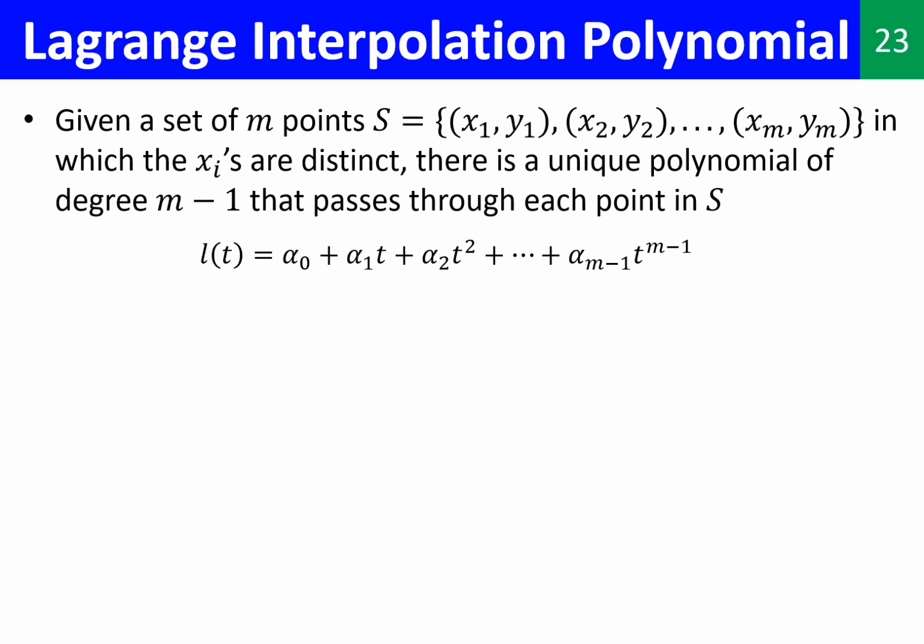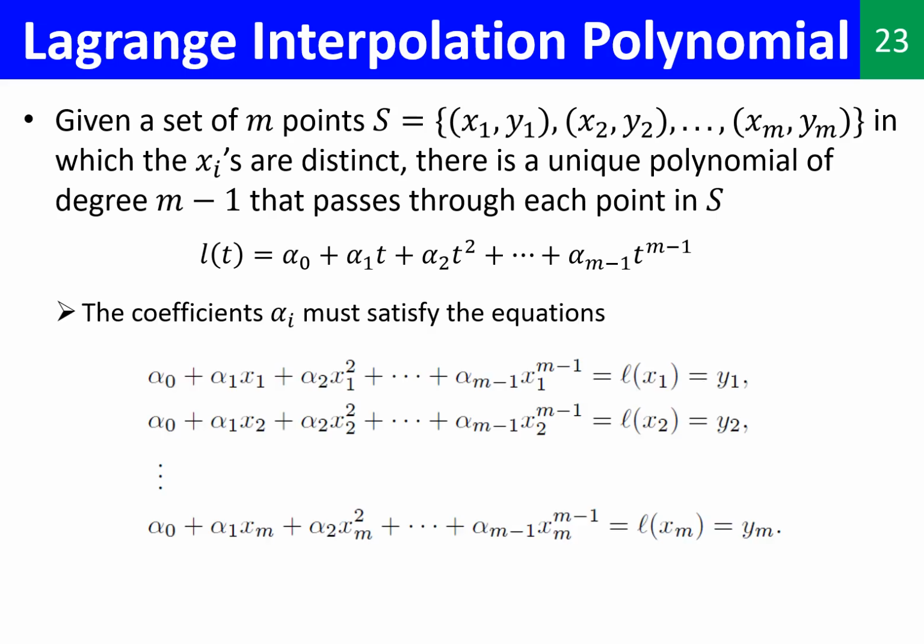Okay. Since we have been told that all those points satisfy this polynomial, we can write m equations like this. So for x1 we have this one, x1 and y1, then x2 and y2 up to xm and ym.